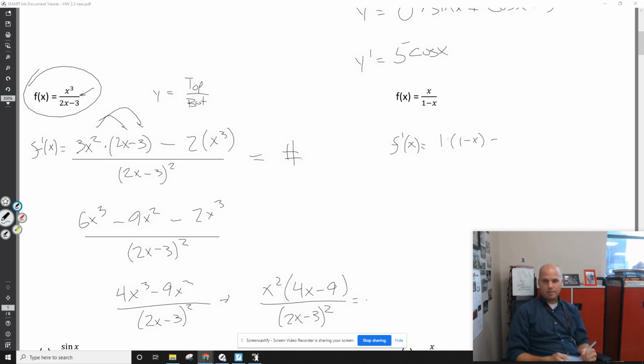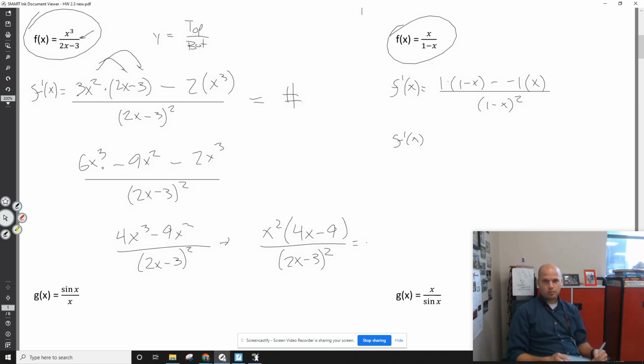Derivative of the top times the bottom minus the derivative of the bottom. The derivative of 1 minus x is -1 times the top, all over the bottom squared. Another situation where you need to simplify is, say I give you a multiple choice problem and ask what's the derivative of this? You don't see this anywhere on your answers. So sometimes with multiple choice problems, they require you to simplify.